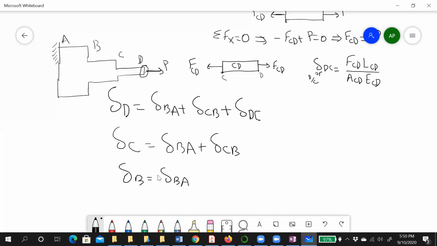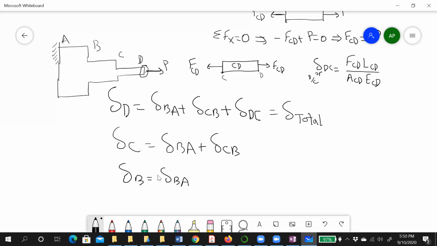This point is elongated, so this is called the total elongation. So this would be delta total, which means the maximum elongation happens here. If you have an allowable deformation, we can compare with this one, because this value is greater than any other value, right? Delta D is greater than C and greater than B. This is the one end, right?